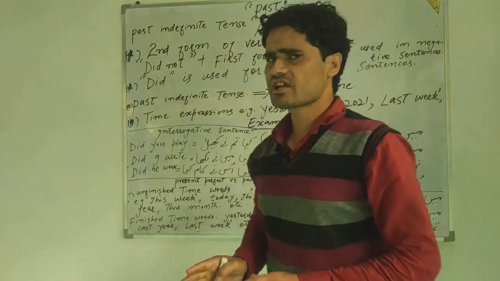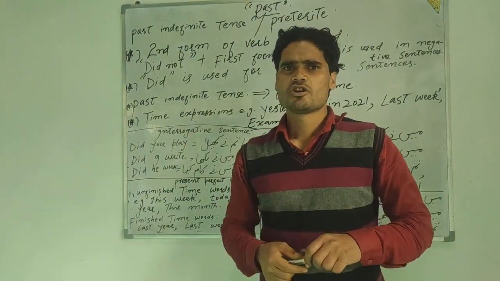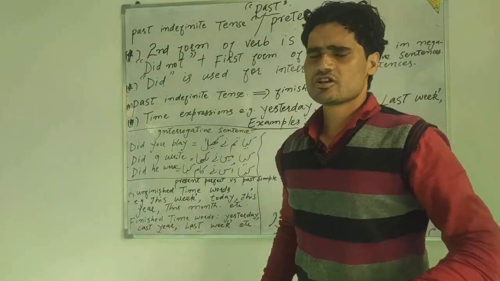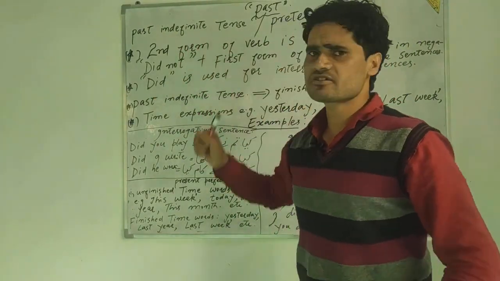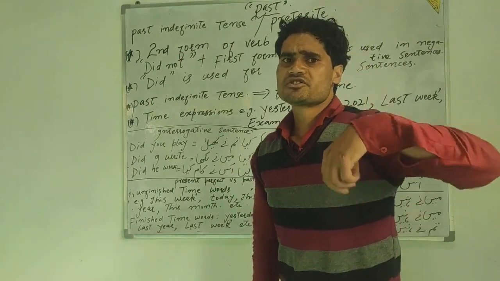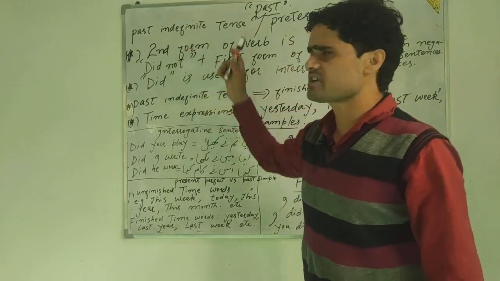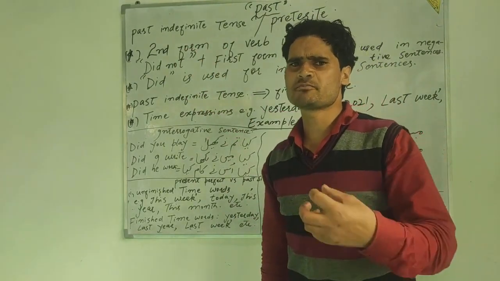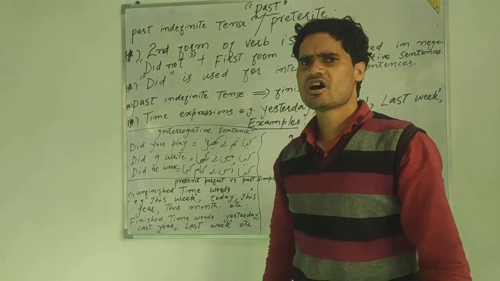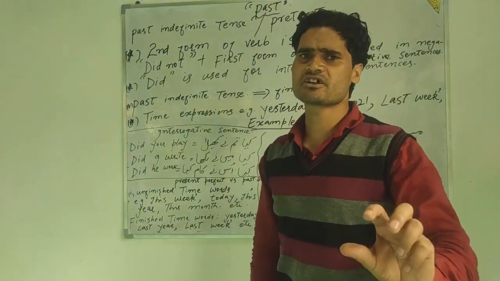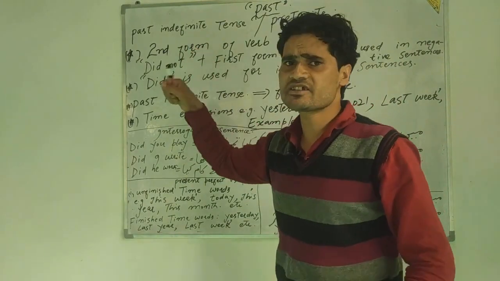However, there are some students who take past indefinite tense the same as present perfect tense. They think that past indefinite tense means any activity which has been completed, which has gone by, which has ended. It gives them the feeling that the present perfect tense also carries the same meaning.